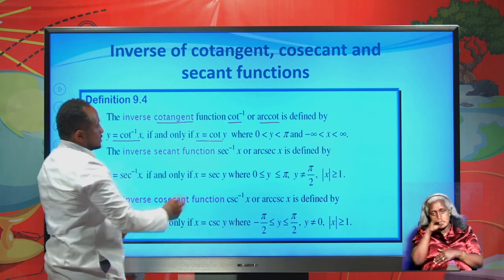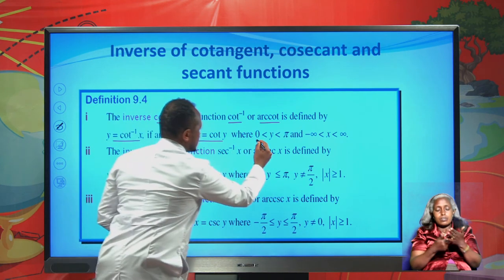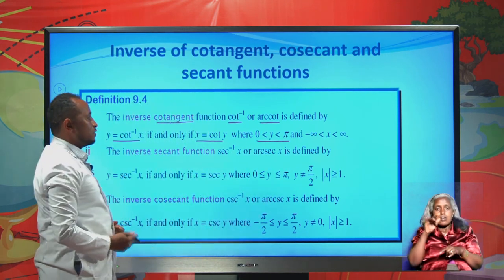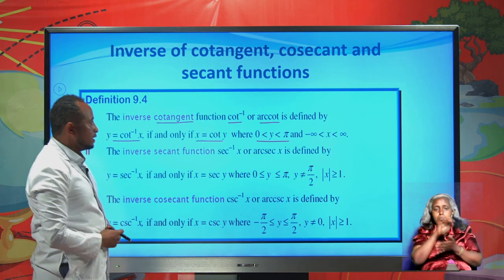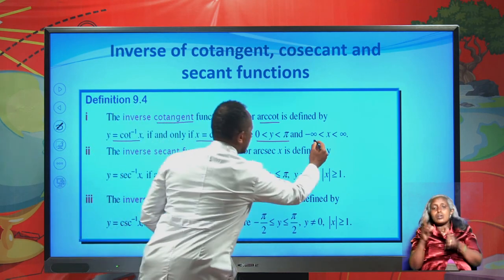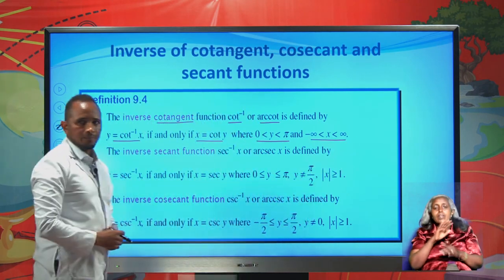The range for cot inverse is y between 0 and pi, and its domain is the real numbers.